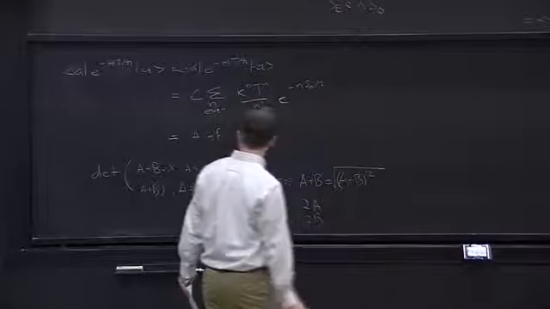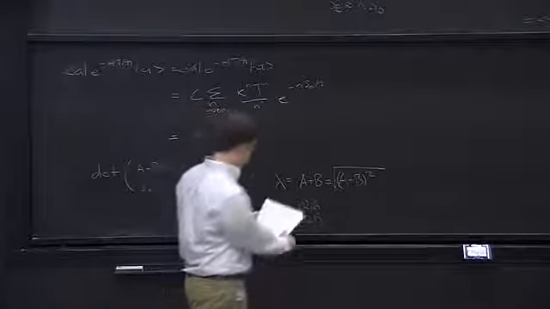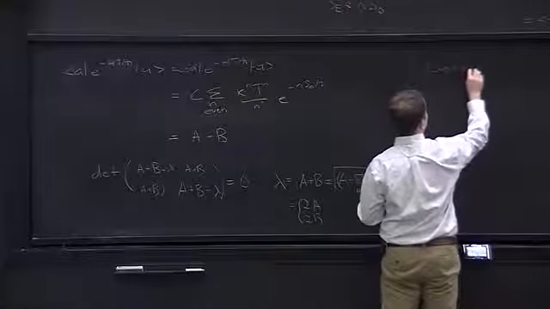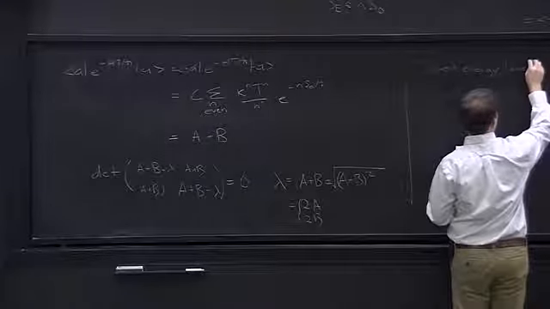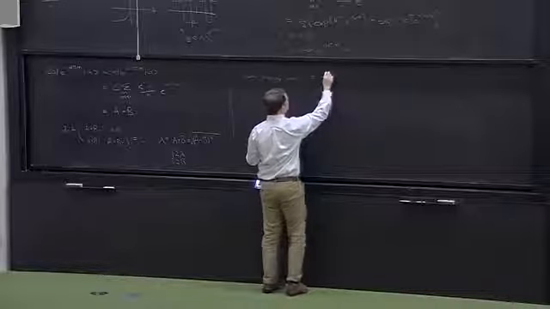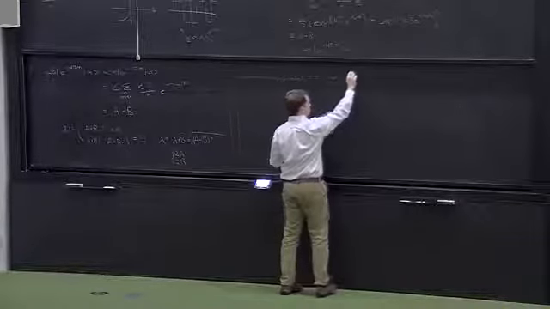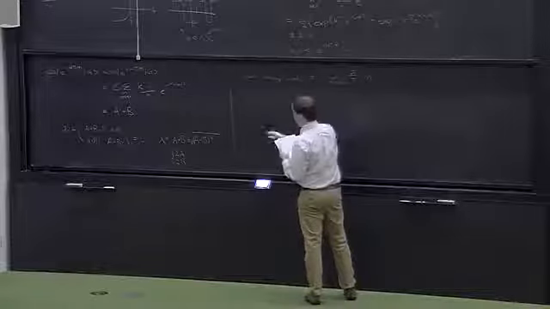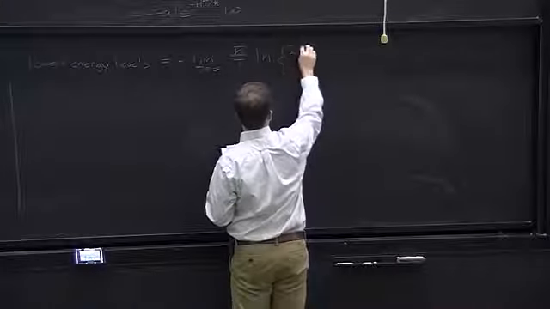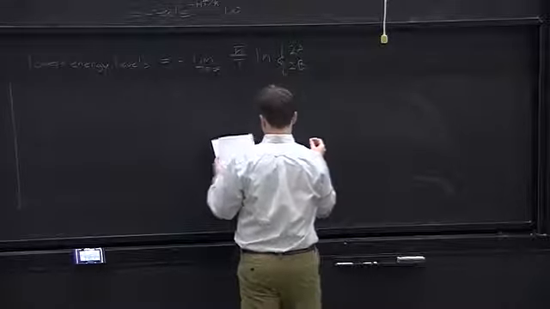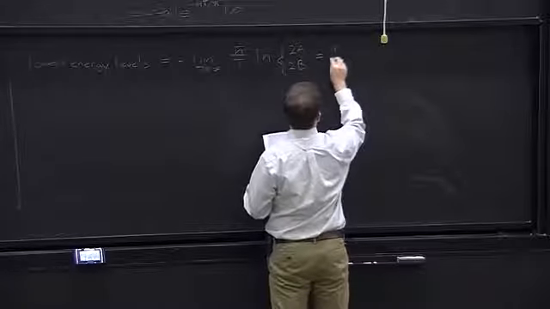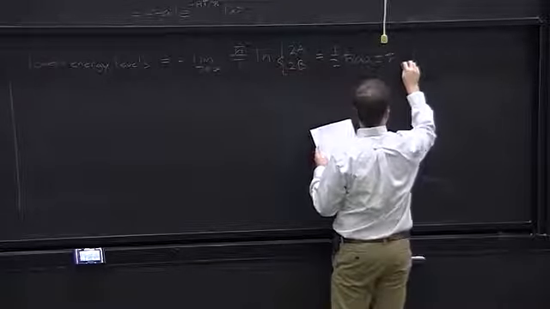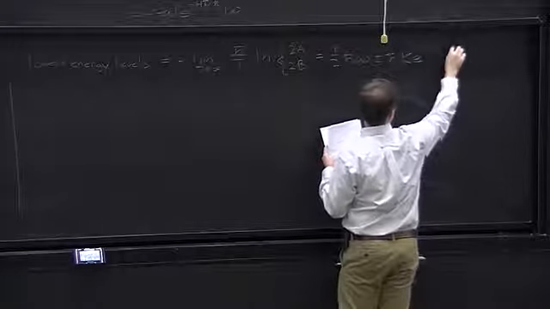So the lowest energy levels are going to be the limit as t goes to infinity of h bar over t times the log of these amplitudes, which is either 2A or 2B, which is 1/2 h bar omega plus or minus h bar K e to the minus S naught over h bar.